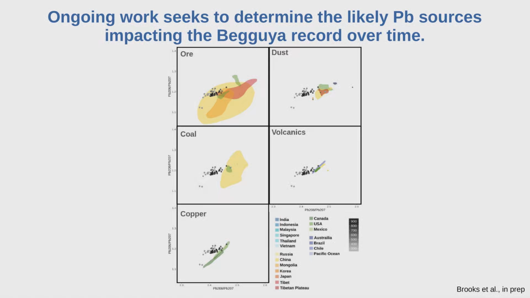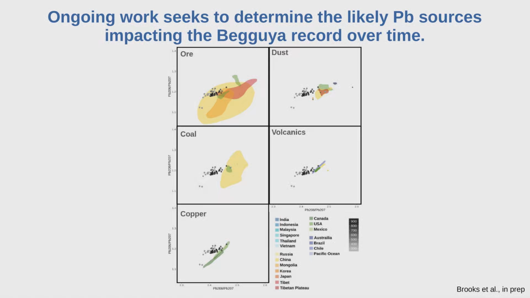And we're plotting them alongside known emission sources that have published lead isotope ratios. And we're examining to see where the overlaps might be, what might be contributing to the shift to higher lead 208, 207 ratios that we see in our record as we move through this time span.